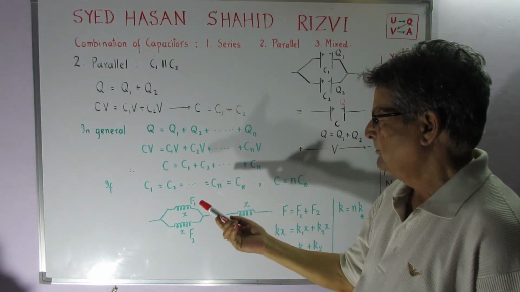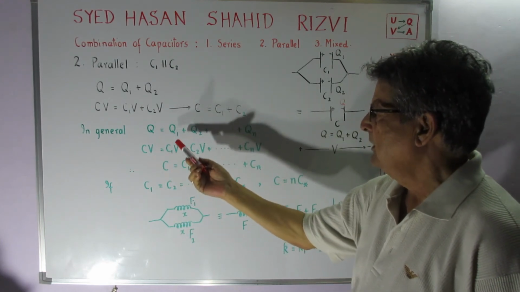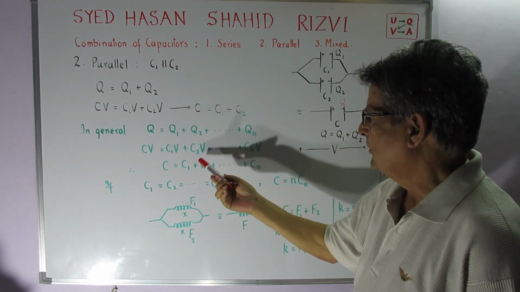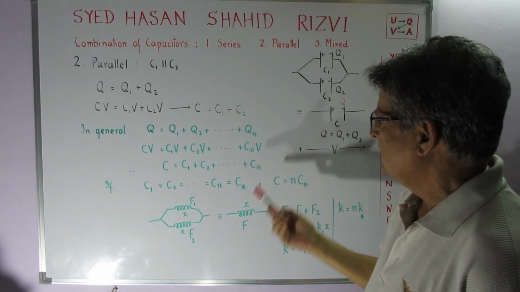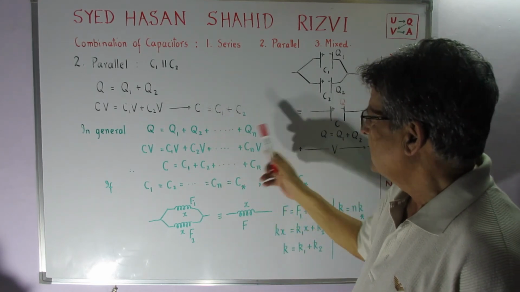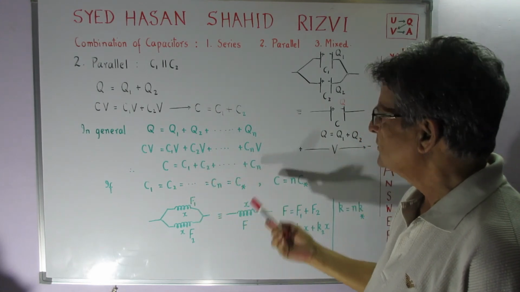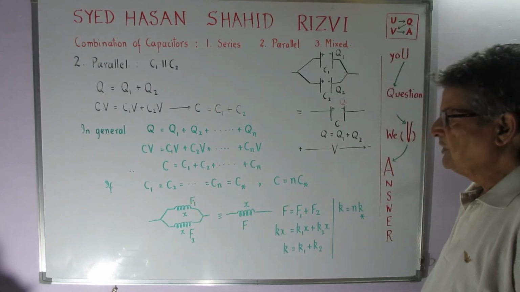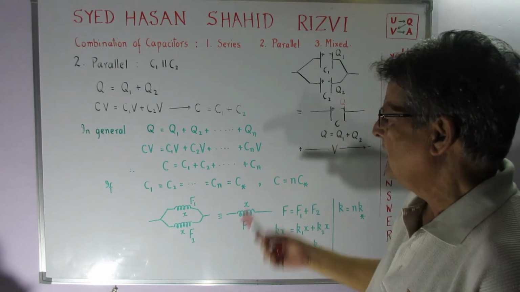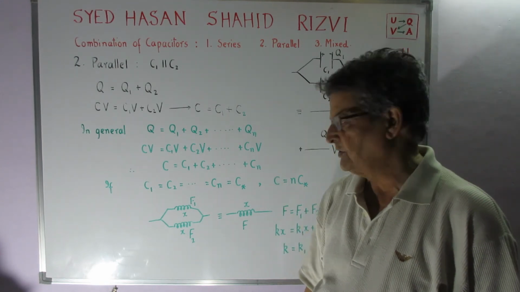V will remain the same, so I can write Q is equal to CV, Q1 is equal to C1V, Q2 equals C2V, Qn is equal to CnV, and V cancels. So I'll get C is equal to C1 plus C2 plus Cn. So this is given as the sum of these capacitors.